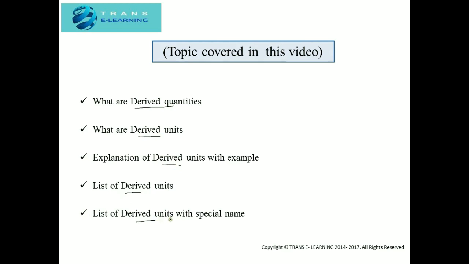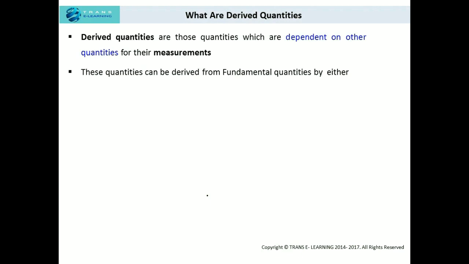So let's start. First of all, what are derived quantities? Derived quantities are those quantities which are dependent on other quantities for their measurement, for their existence.